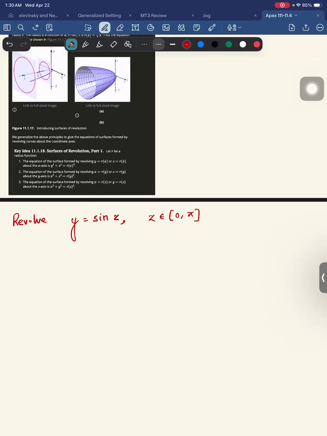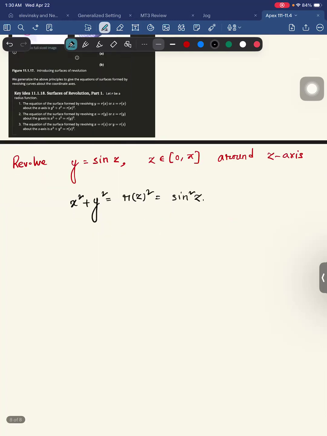What would be the equation around the z-axis? Since you are revolving around the z-axis, the equation is going to be x squared plus y squared equals r of z squared, which is sine squared z. That's it. Look at the textbook for this.